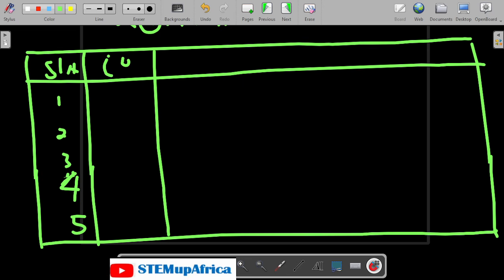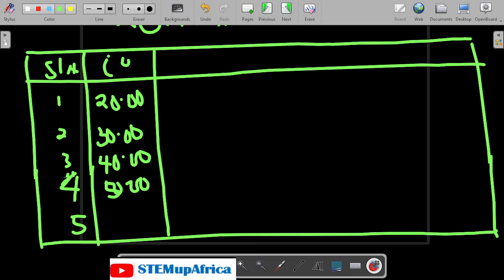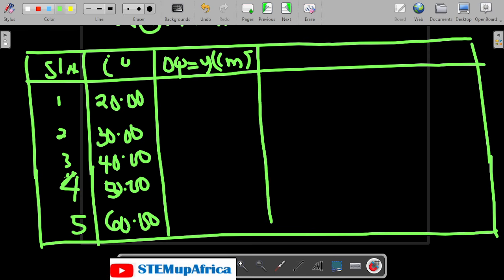Remember to place the angle here: 20.00 is the first angle, followed by 30, followed by 40, followed by 50, and lastly followed by 60. Then from there you now have your OQ equals Y in cm. It's in centimeter. Make sure you state the units.